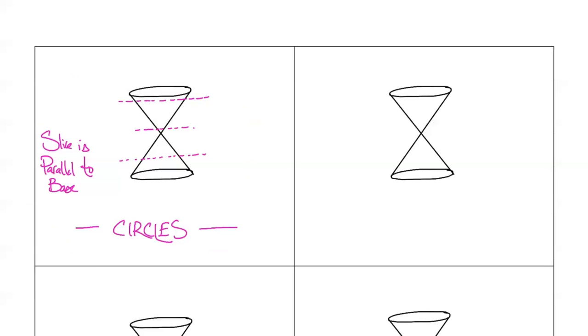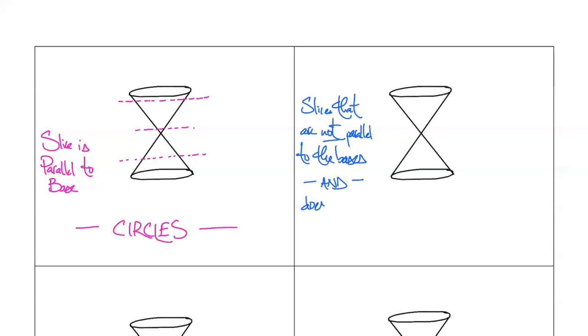Now, let's imagine that instead of cutting straight across, you have slices that are not parallel to the base and do not cut through the base.